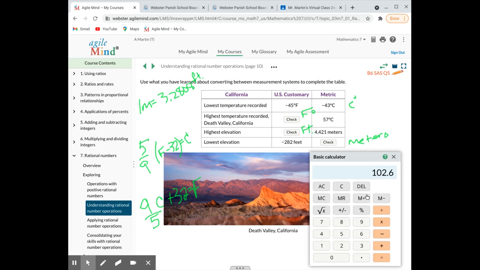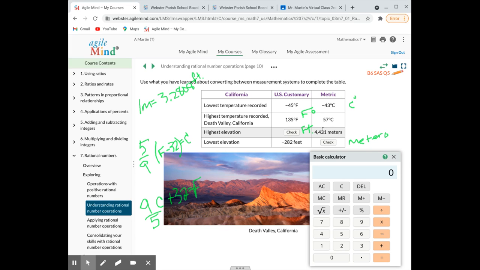What would be the nearest whole number? Would it be 102 or 103? 103. All right, and then I need to add it to what? 32. So we're going to get 135. All right, let's check it. Is that right? Should have got a yes. Good job. All right, now we're on to the easy stuff.